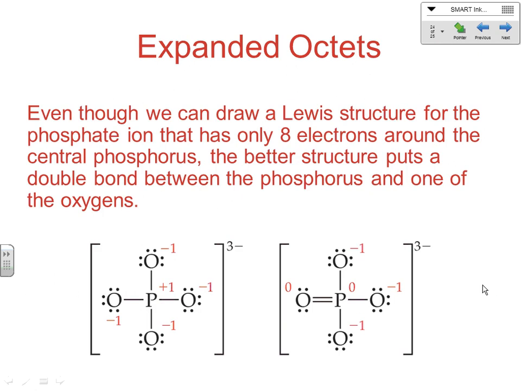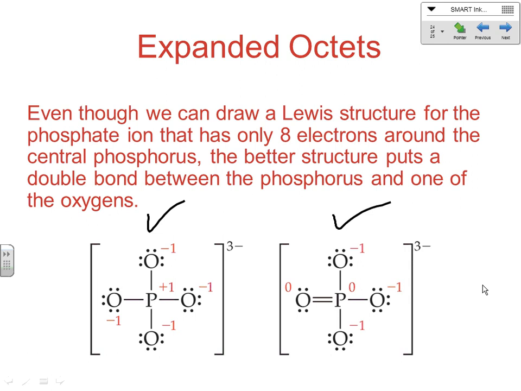Now, once again, your book goes through a discussion of this idea. So even though we could draw a Lewis dot structure for the phosphate, so this is a typical substance that has phosphorus in it and oxygen, that could potentially be an expanded octet type situation. So we could draw it and follow the octet rule, and we would get something like this. We could also try and draw it and not follow the octet rule, and we get something like that.